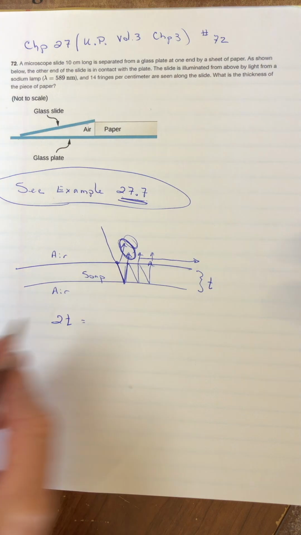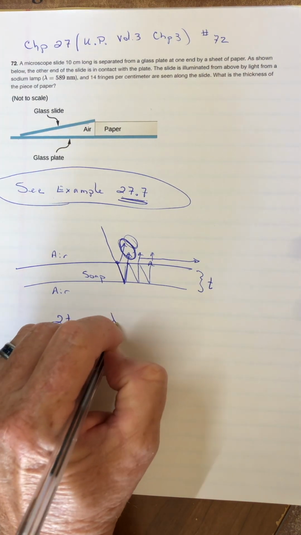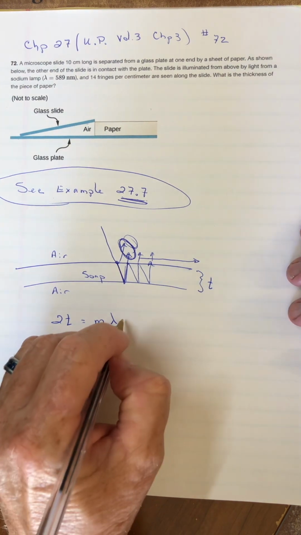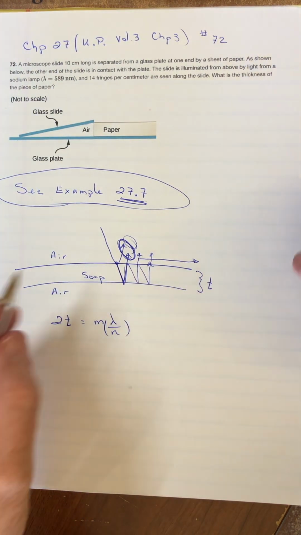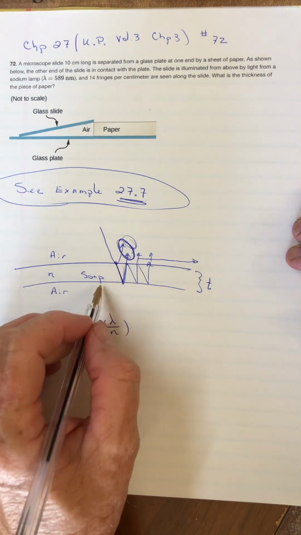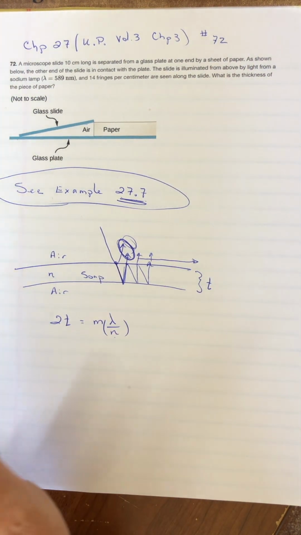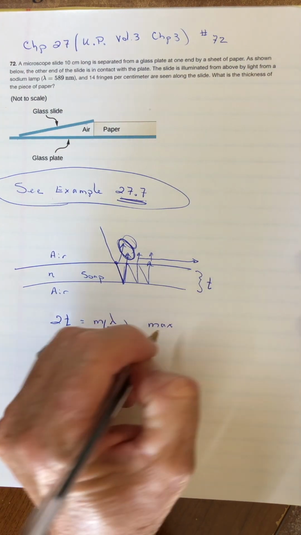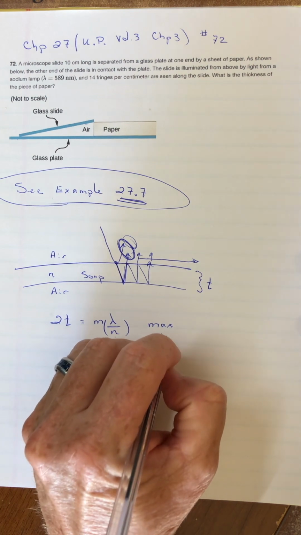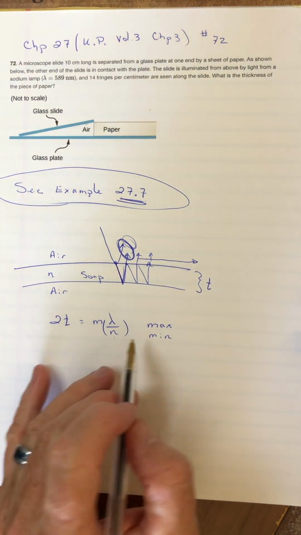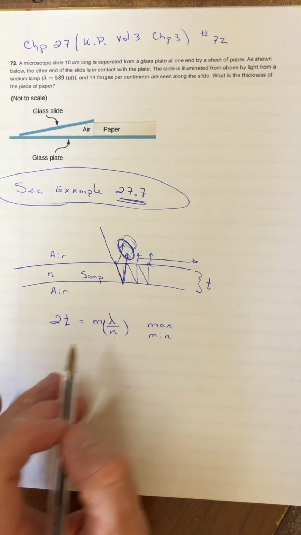And then your author argues that if that is an integer number of wavelengths, and here's where you've got to be careful, wavelengths in the soap, and so calling n the index of the thin film here, if that is an integer number of wavelengths, you might get constructive interference, but you might also get destructive. It kind of depends if anything else is happening. And if nothing else was happening, you would say it's an integer number of wavelengths, and that's our path difference.